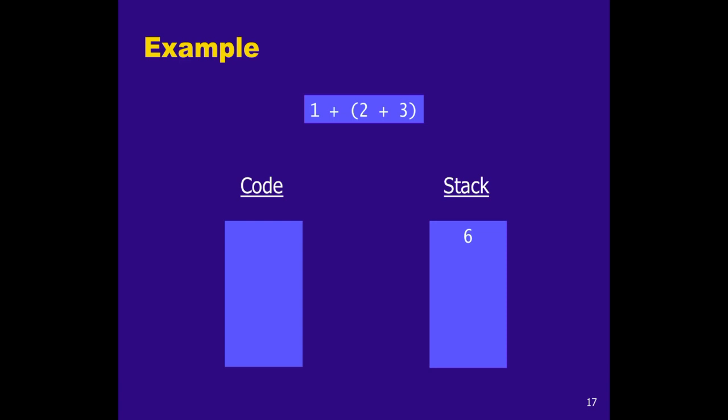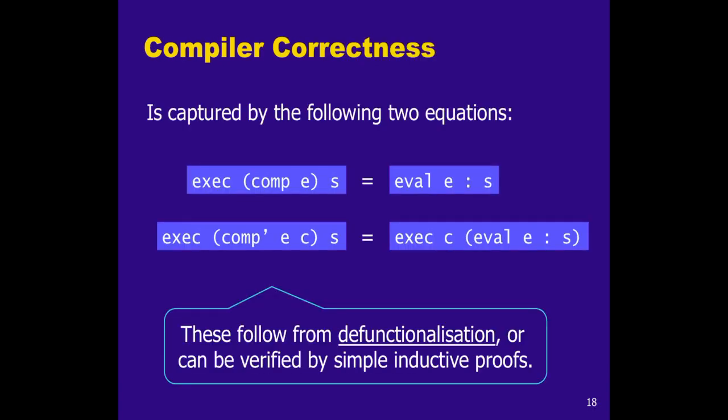So let's have a think about correctness now, because the title of the talk was calculating correct compilers. So I've calculated a compiler now and the virtual machine, but I haven't yet thought about correctness. So here's 2 equations which capture, in a very clear and concise way, the correctness of the compilers which we have calculated, and they're really easy to understand.